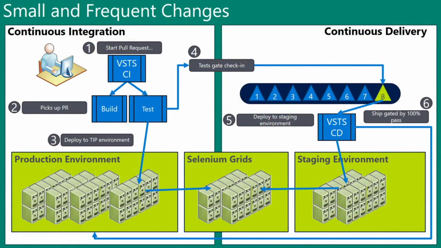to improve things. Looking at the inner and outer loops, the continuous integration, continuous delivery, both highly integrated with Visual Studio. In fact, my goal is to completely integrate with Visual Studio so that they have one screen that they look at all day. Right now, there's still some variation. Build and test, deploy to staging, and we ship gated by 100% pass rate.